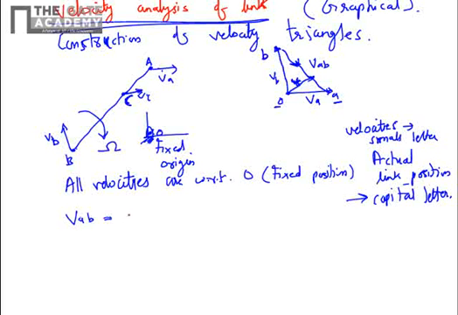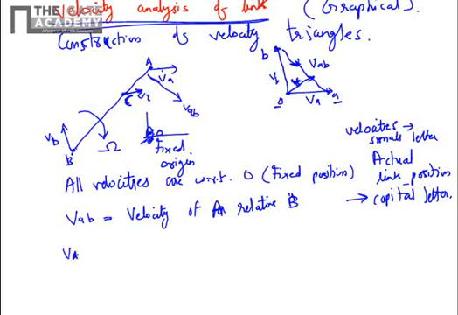So I'll write these things for you. VAB, small v, is the velocity of point A relative to B, and this will be useful in determining omega. If you fix the link at B, then you will see that A will be rotating about point B. So the direction of VAB will be such that it is perpendicular to link AB.